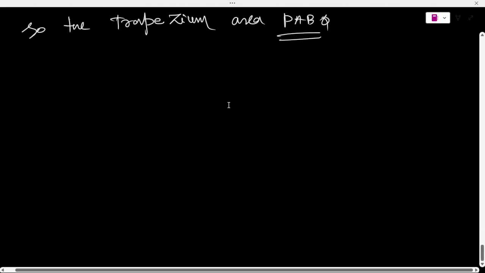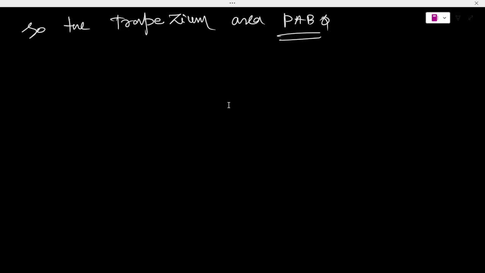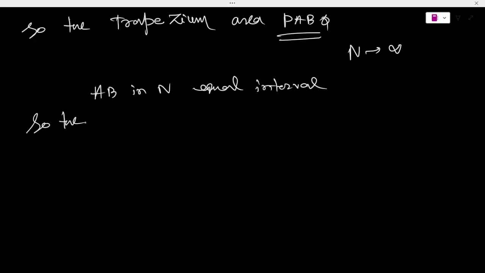Let us divide the length AB into n equal intervals, where n tends to infinity. So the length of each interval will come out as del x equal to b minus a divided by n.